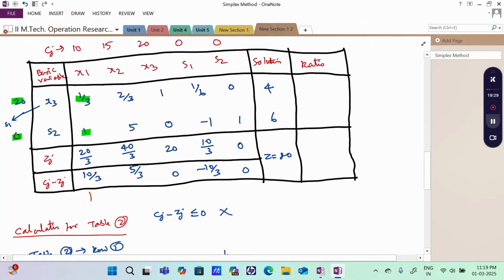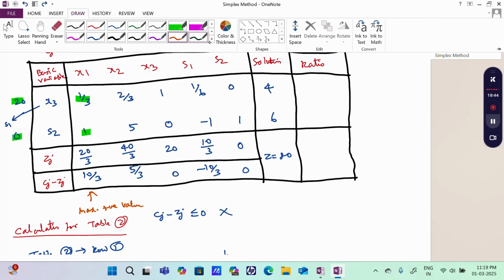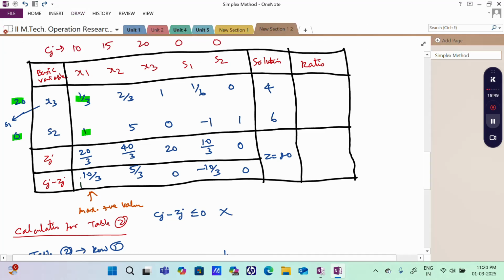Therefore, select the maximum positive value. This is column selection. So the column is our key column.